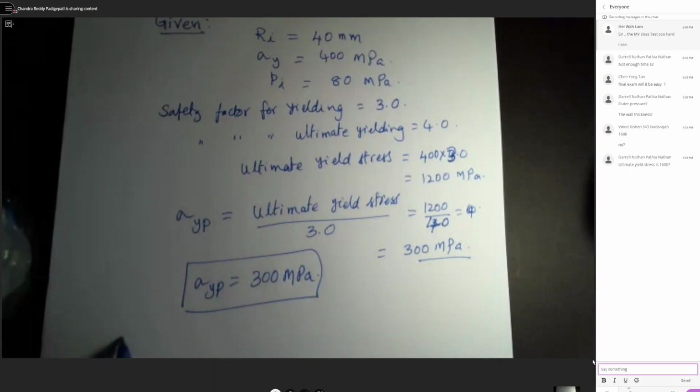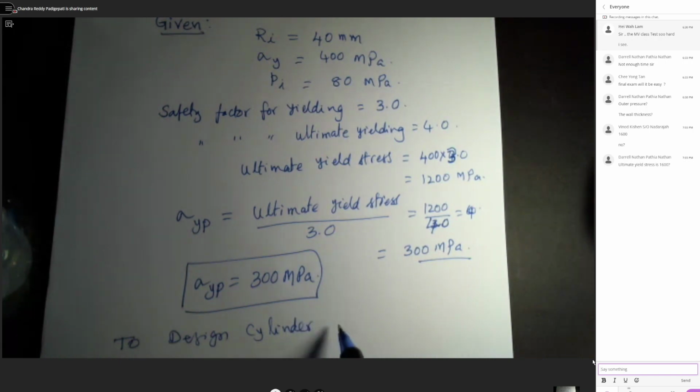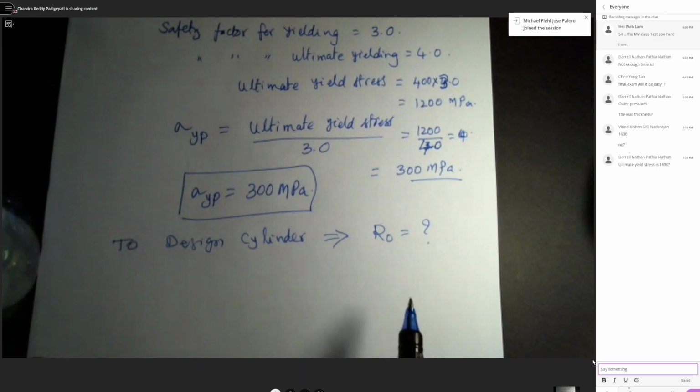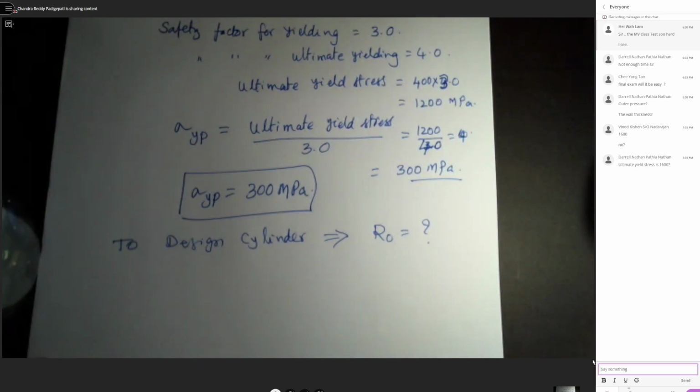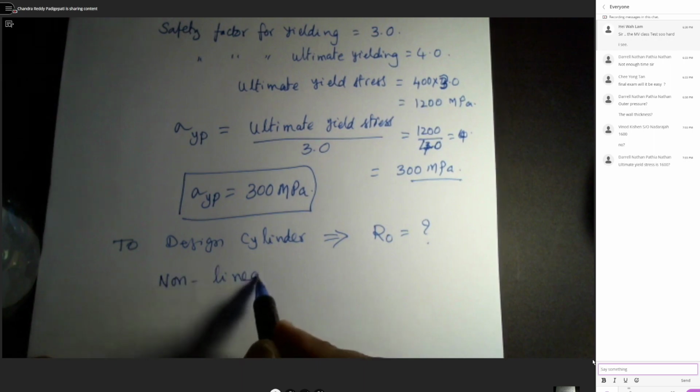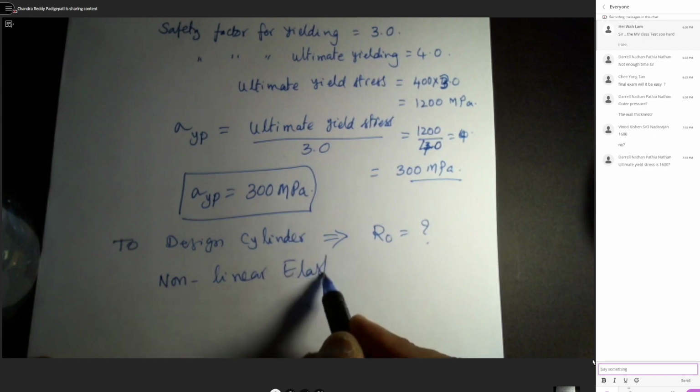Now, to design the cylinder, we need to find out the outer radius. And the question asks you to find the outer radius under different formulations: nonlinear elastic, nonlinear plastic, linear elastic and linear plastic.